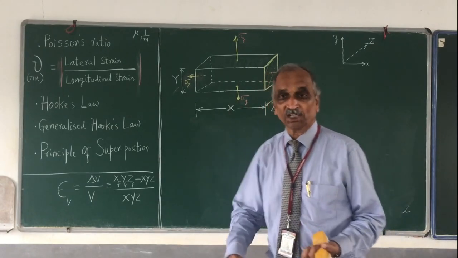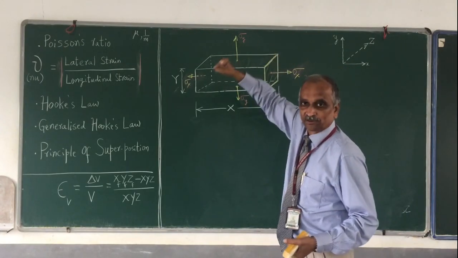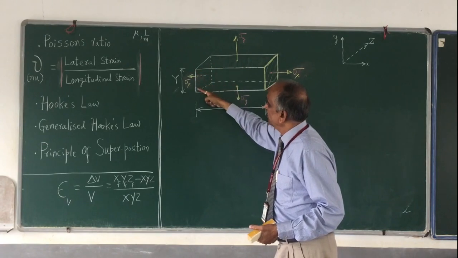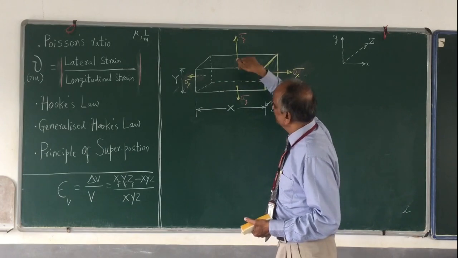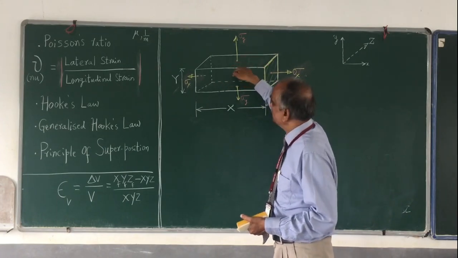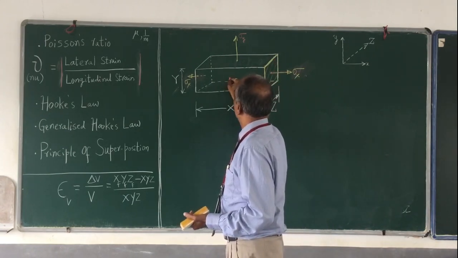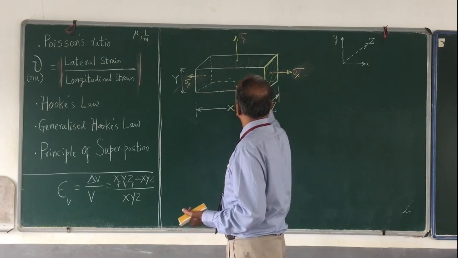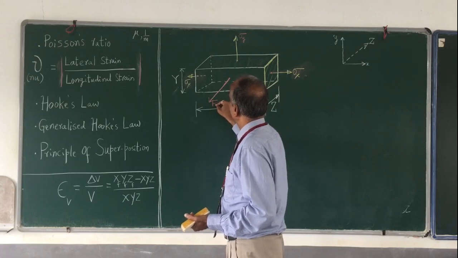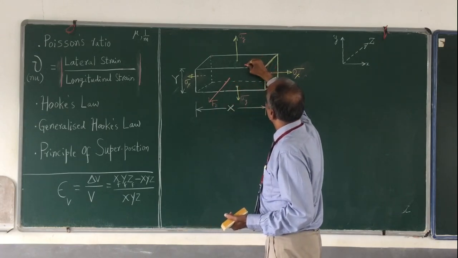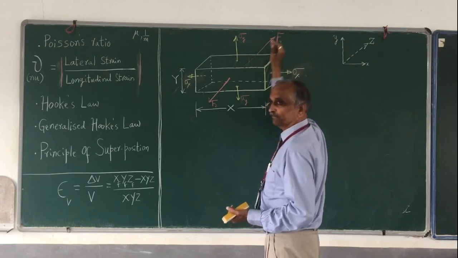I have one more, the z direction. What is the z direction? Perpendicular to the board. One load I have like this, perpendicular to the board, acting on this face. And another load exactly away from us, in the perpendicular direction, acting on the opposite face. That load I call Fz, and exactly behind it I have one more Fz.